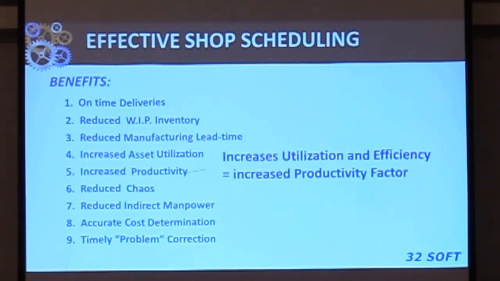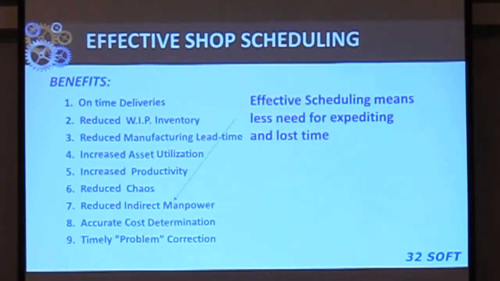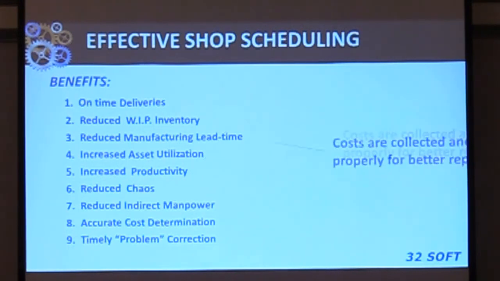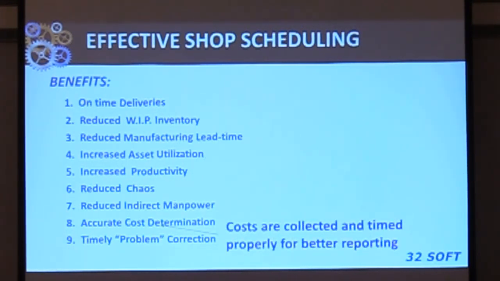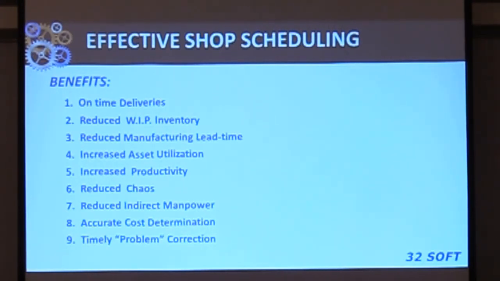You get more efficient utilization of resources, increased productivity, and reduced chaos on the floor. Shop foremen don't like chaos, so the more control you've got, the more they trust you, the better you will execute the shop. Also reduced manpower, costs are more accurately determined, and you can solve problems earlier.